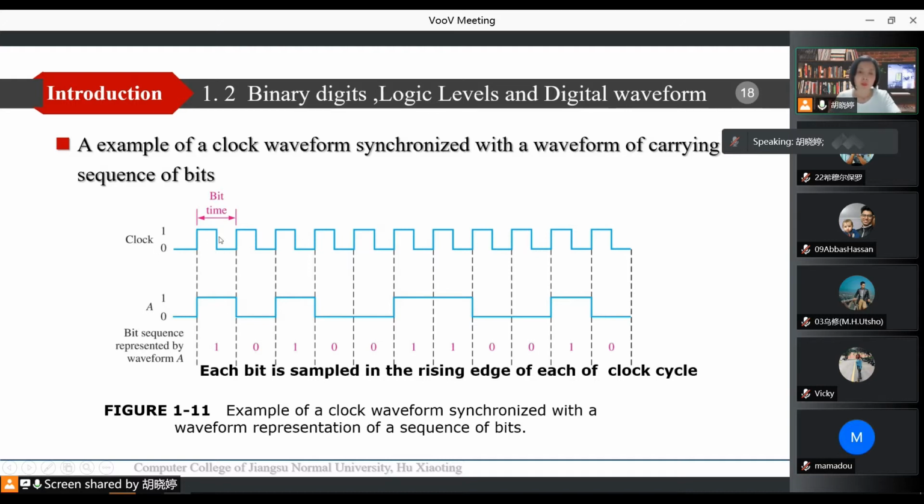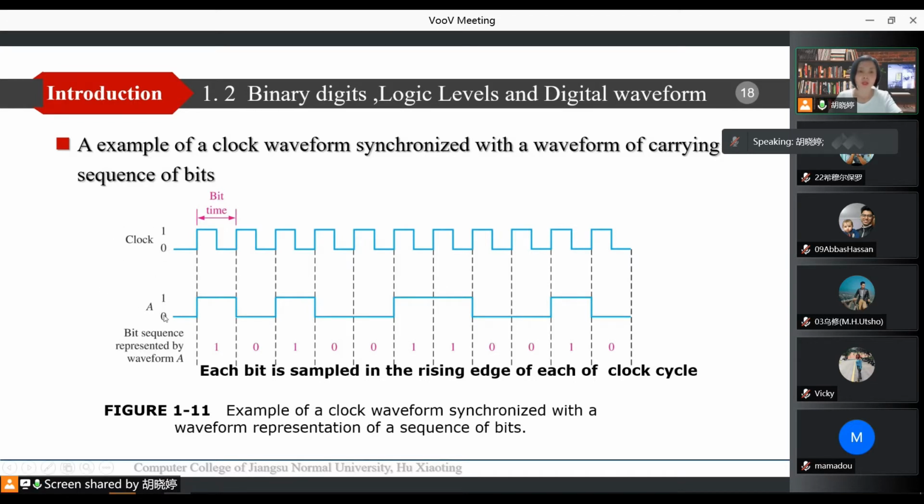Each cycle will transfer one bit. The system will sample information according to the clock signal.